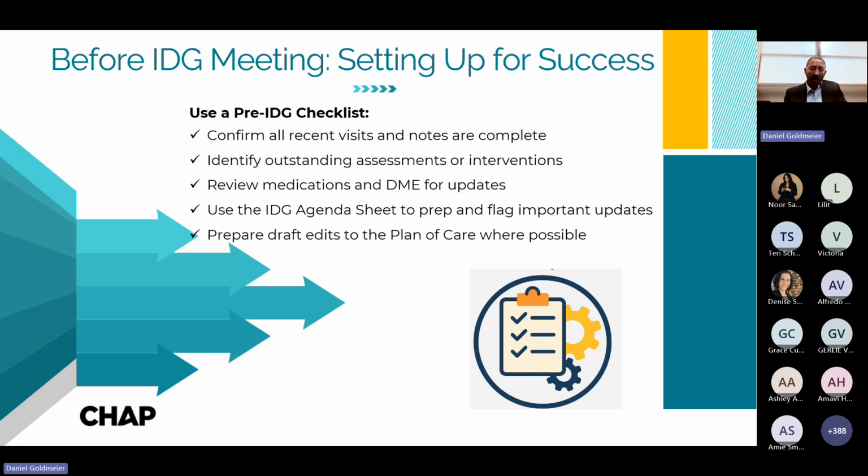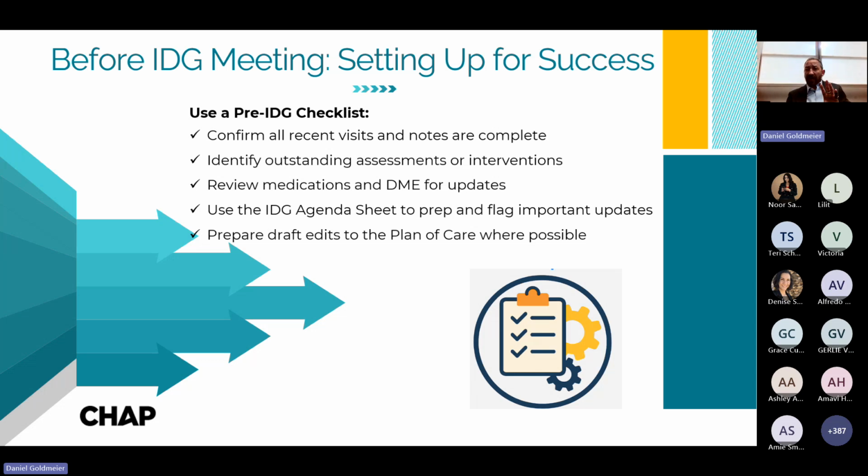And that's really where we're starting from: in order to have a successful IDG meeting and address these common compliance gaps, it has to take place well before IDG. These are pieces of information that you should be looking at regularly, and then a last look, if you will, through the consolidated IDG checklist or IDG agenda sheet to review these key pieces of data.